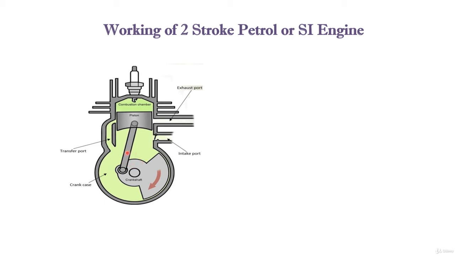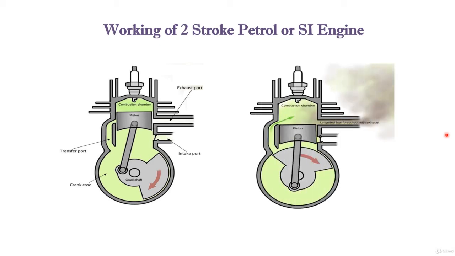Now the crankcase chamber is filled with fresh air-fuel mixture. In step 2, when the piston moves downward, the movement makes the crank chamber shrink so that the air-fuel mixture in the crank chamber is pushed into the combustion chamber through the transfer port. After that, return to step 1 when the piston moves up again.